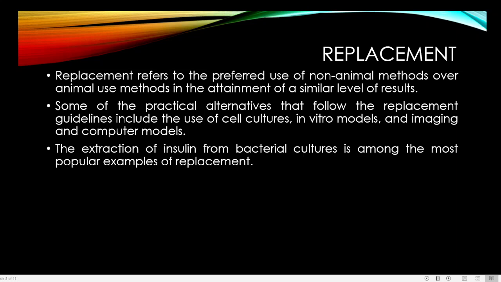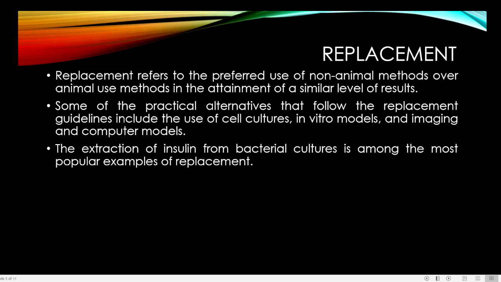Nowadays, for example, you are doing dissection. The same result that you are visualizing through a dissection can be obtained by computer software where you can do a digital dissection. So instead of killing the animal, you can do a digital dissection of the frog, so that you will be able to get a better idea of that. So this is what is suggested in case of replacement.